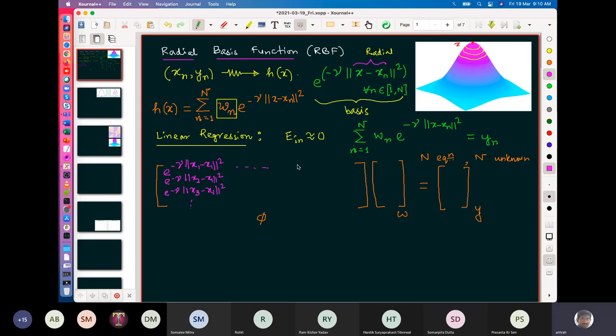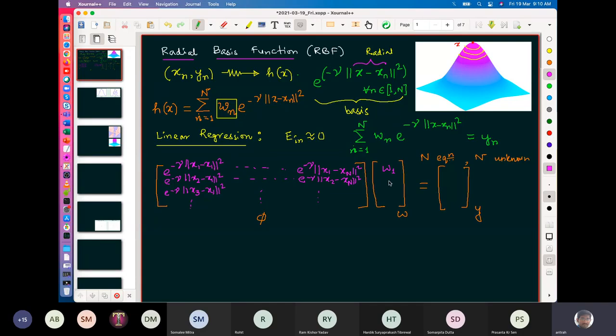Similarly, if you move to this side, at the end it will be e to the power minus gamma (x1 minus capital XN) square. This side, if you move, e to the power minus gamma (x2 minus capital XN) square, and so on.